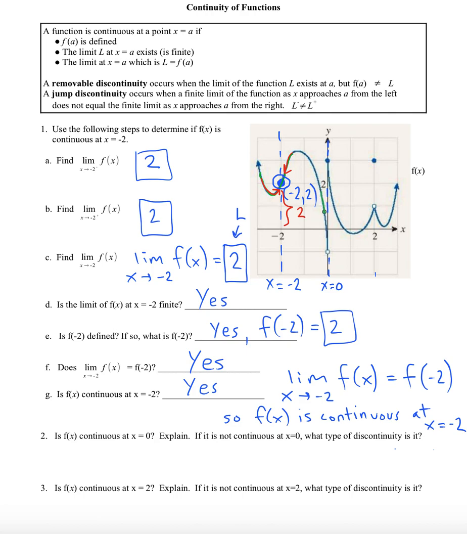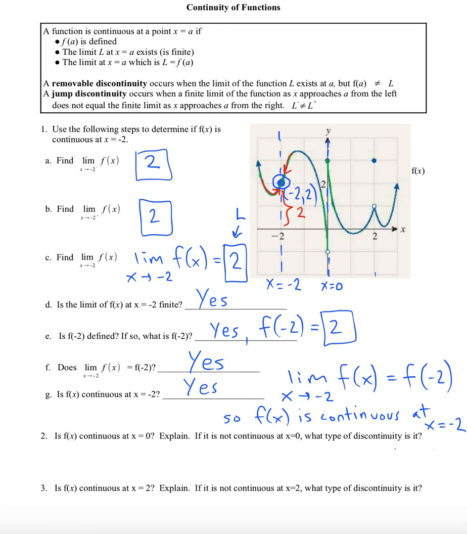I'll start tracing it from the left. I'm headed down toward a y value of -1, but once I get real close to -1 here, I'm going to have to lift up the pen and move up to the top and then continue my drawing. So that's an indication that it is not continuous at x equals 0.